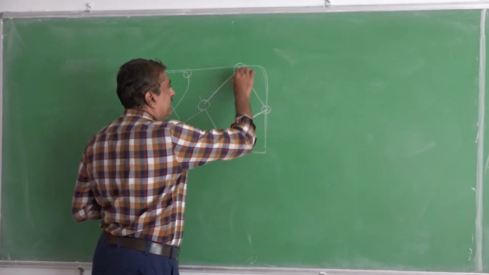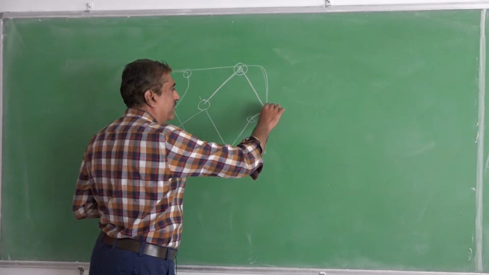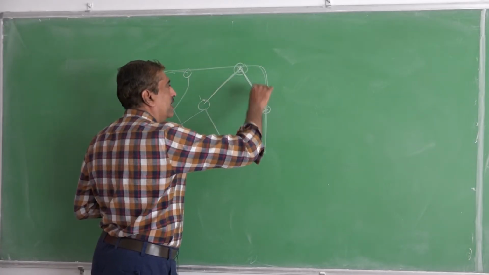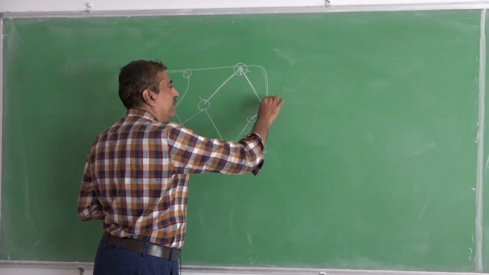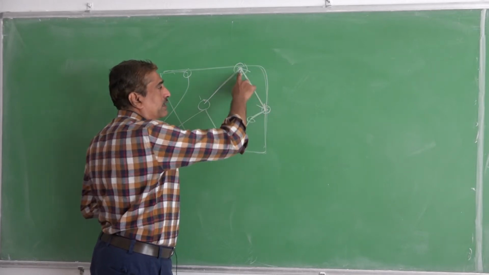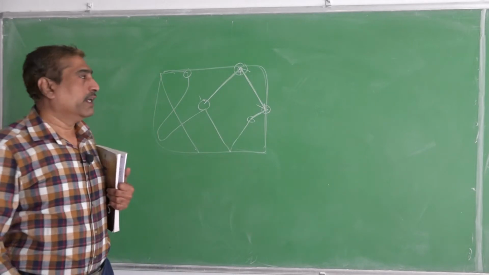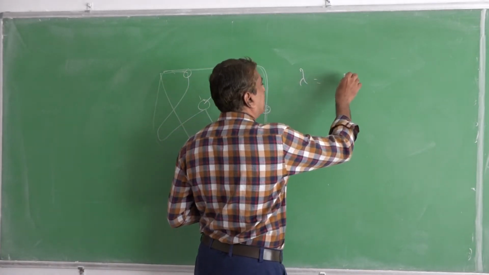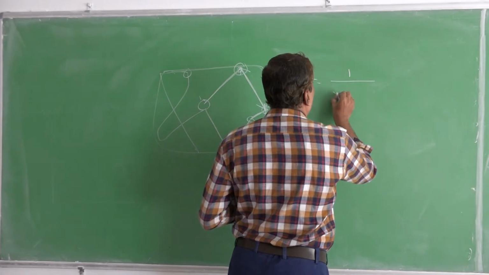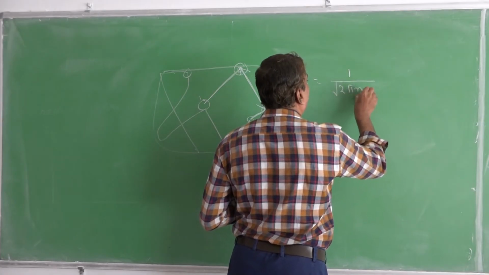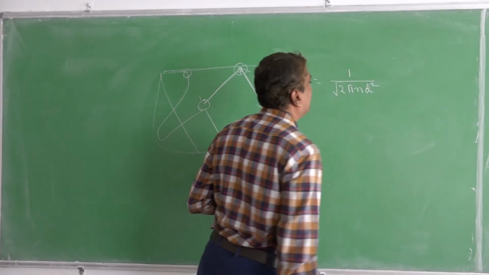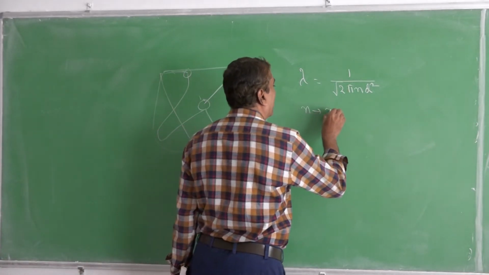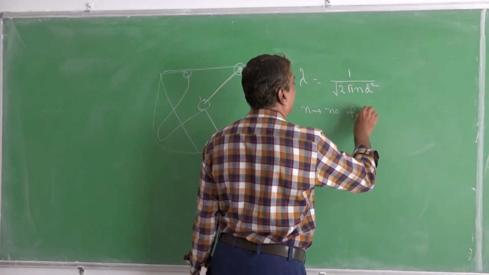The distance travelled between two successive collisions is called the mean free path, and it is denoted by lambda, and that is given by 1 divided by square root 2 pi n d square, where n is the number of molecules per unit volume.